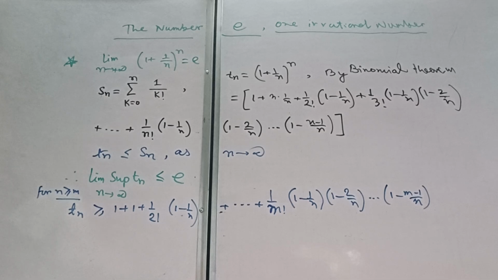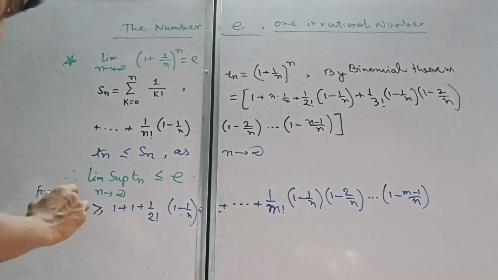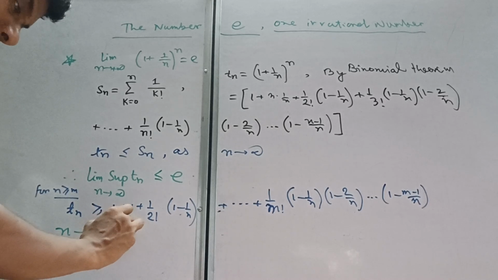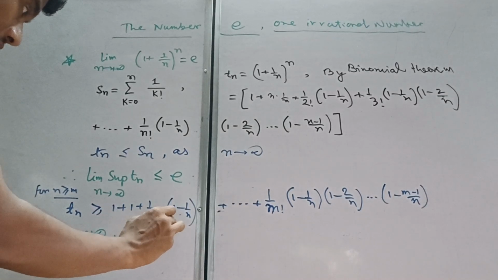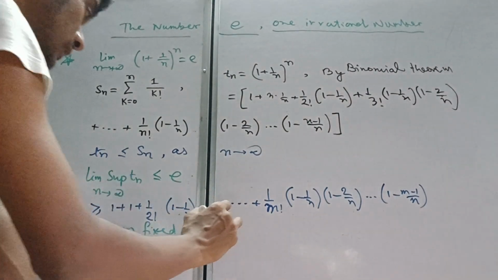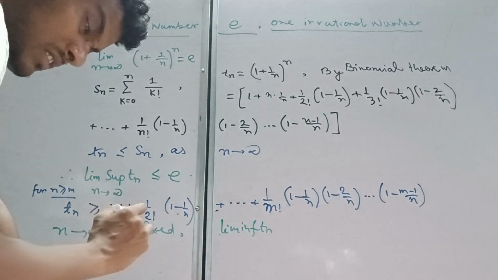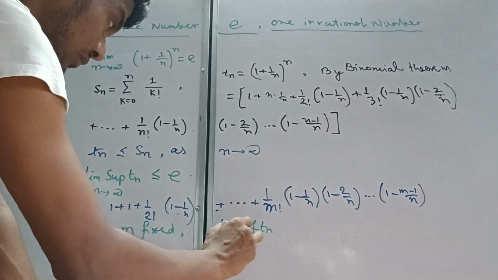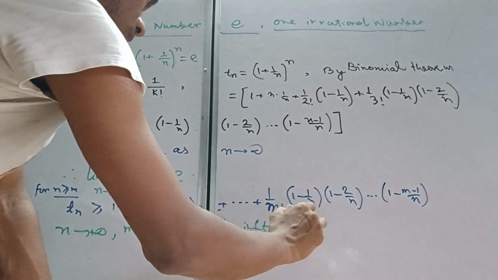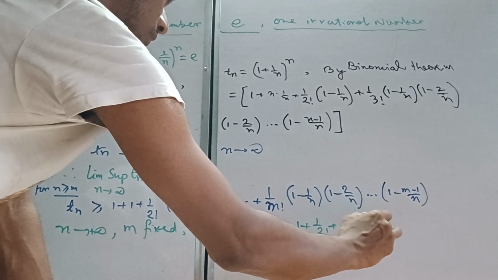Then, with n tending to infinity and m fixed, the limit infimum of Tn as n tends to infinity is greater than or equal to 1 plus 1 plus 1 by factorial 2 and so on up to 1 by factorial m.